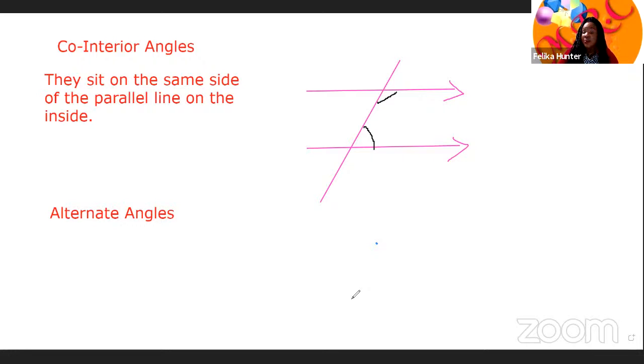So yes, that's a pair of co-interior angles. Give me another pair of co-interior angles. That's one pair. Beautiful. You see the next arrow now? Next arrow, Marlon.